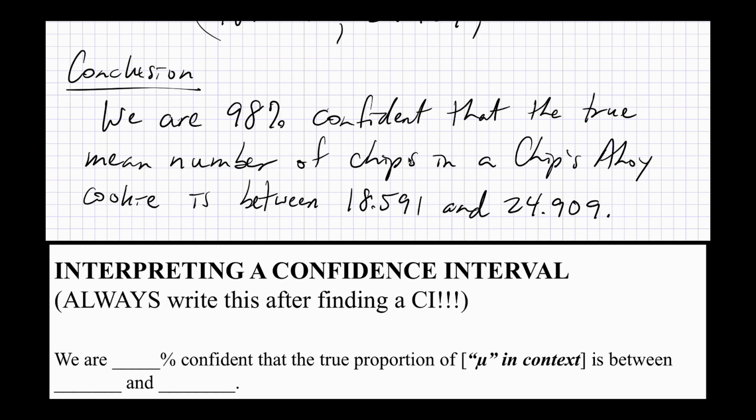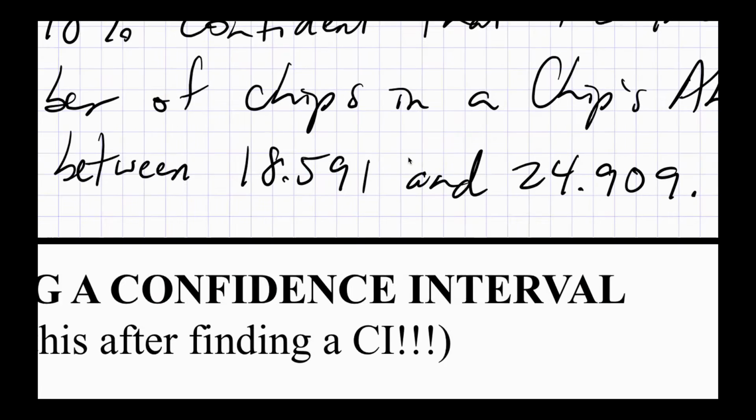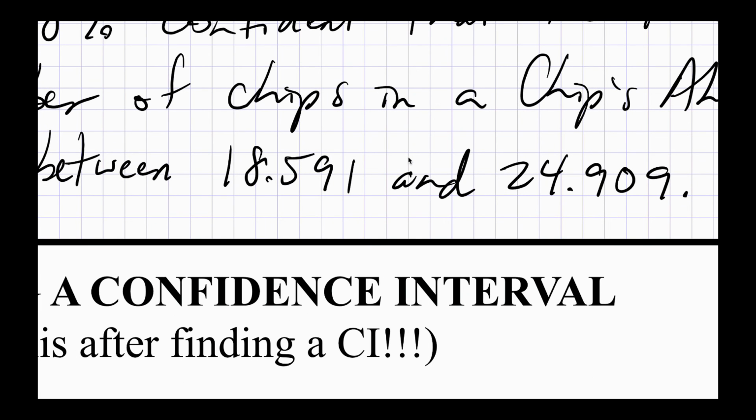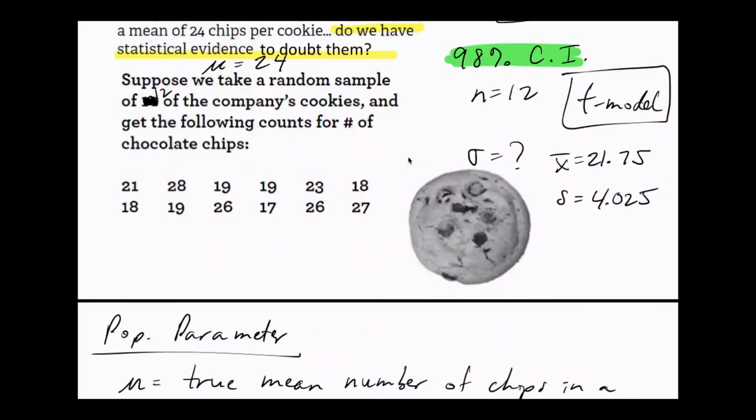What is the true mean length of a Subway sandwich? You have to do some research to figure that out, and then figure out using a confidence interval what it is. That's one of the things I have you do at the end of May. One of the things you have to do is come up with data.